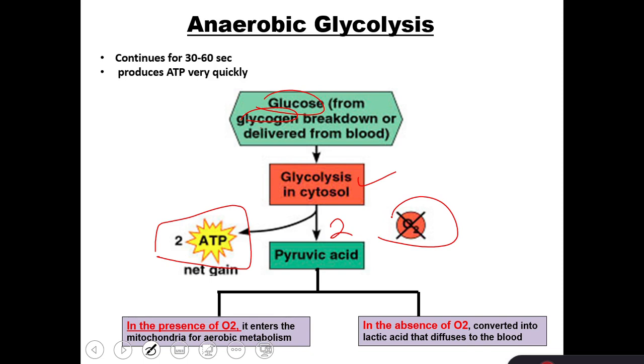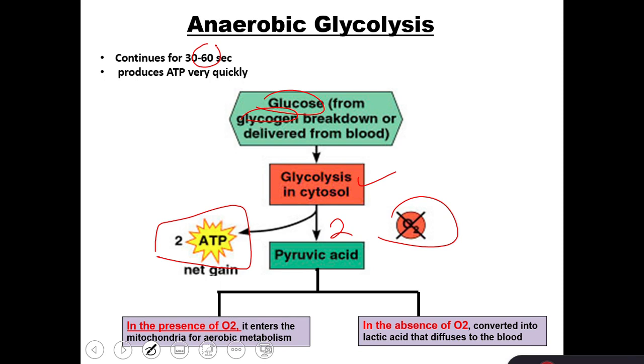This is only enough to do muscle contractions for about a minute. However, this provides ATP in a fast way. So it works to provide ATP quickly until the slower aerobic process begins in the mitochondria of the cells.